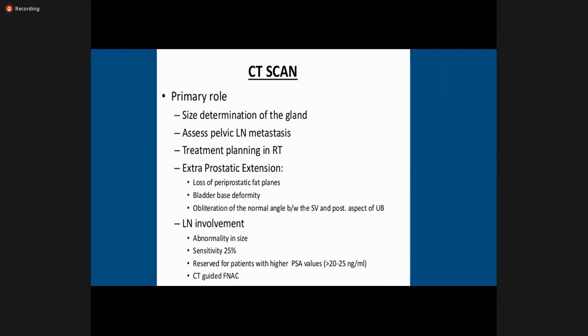We usually do CT scan of the pelvis to determine the exact size of the prostate, and assess the pelvic lymph nodes for metastasis so that we can plan the treatment accordingly and see any extra prostatic extension and lymph node involvement.